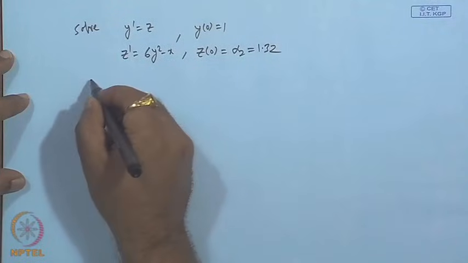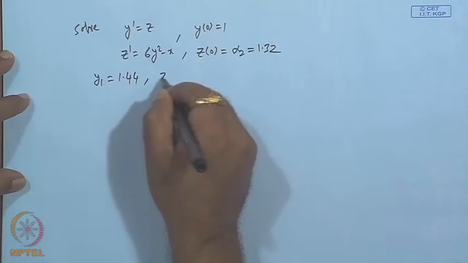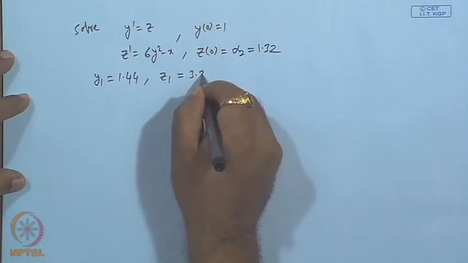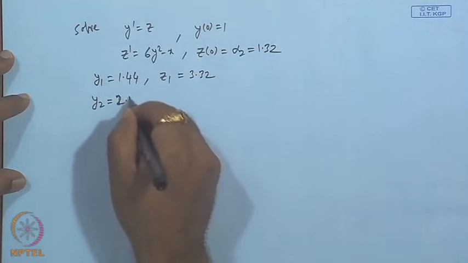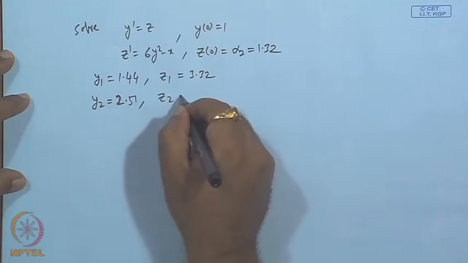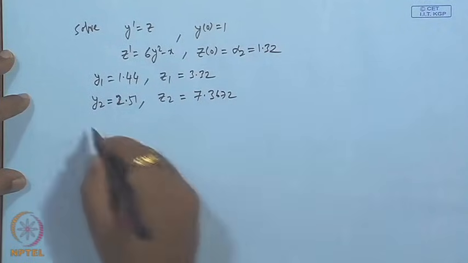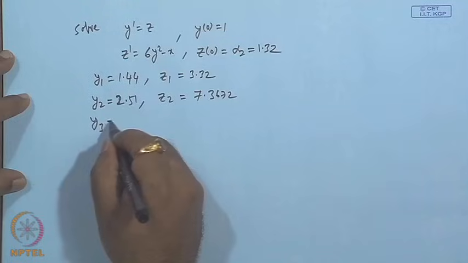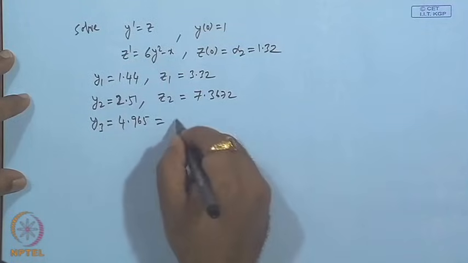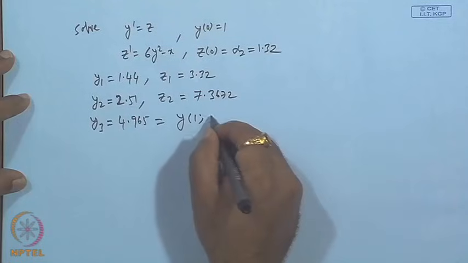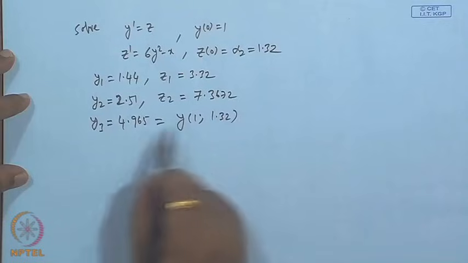Let us say on solving we get, so I am not giving the details, y 3 is 4.965. And what is this y 3? It is y at 1 using 1.32. And is it close to 5?